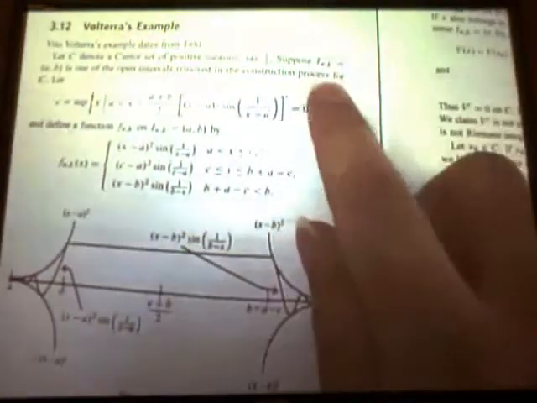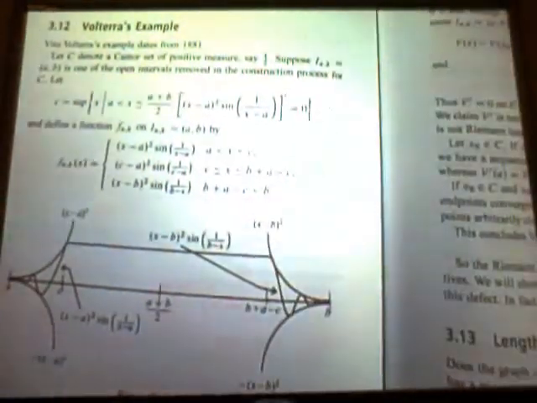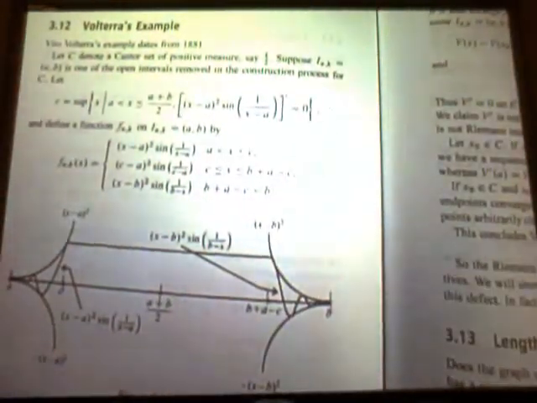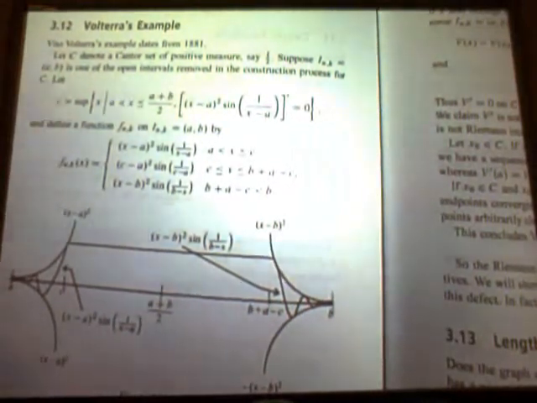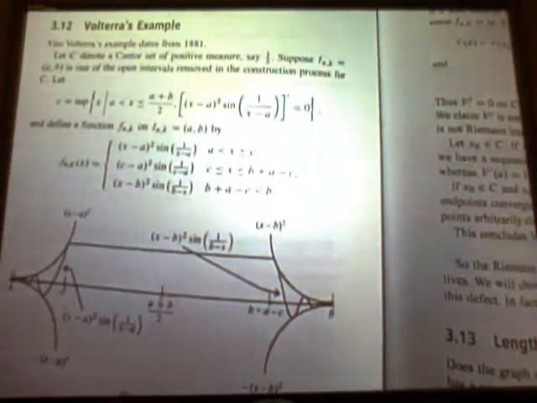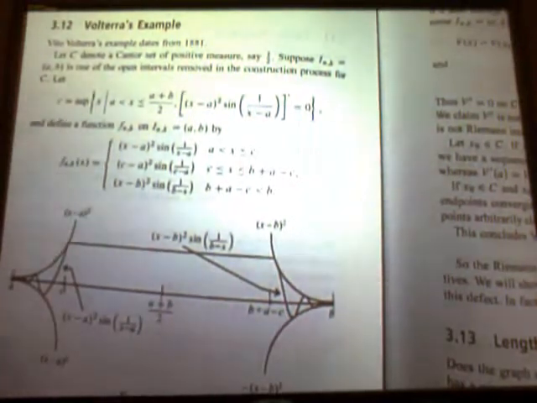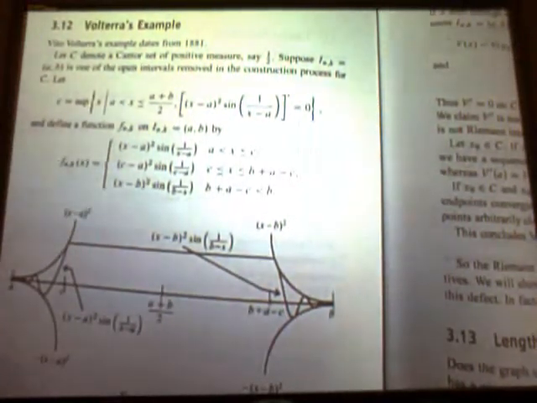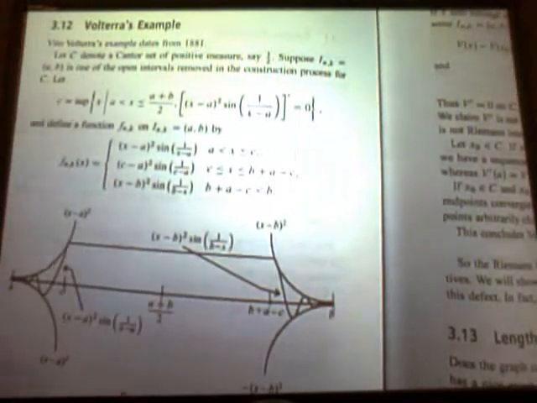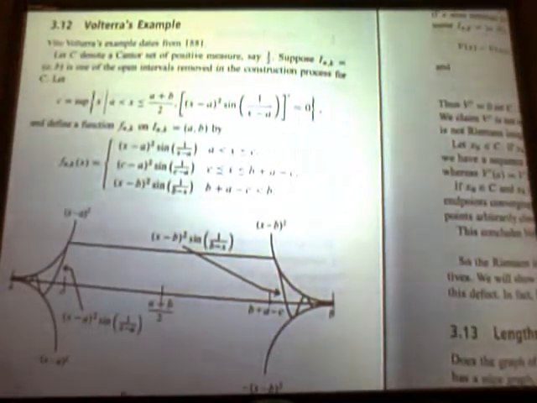And then I sub k is an open set, one of the removed intervals from the Cantor set. We talked about the Cantor set a couple of times already. This isn't the middle third set, though. This is the middle half set, or middle quarter set, isn't it? You can't take out the middle third because then you don't have any measure left. So this is one of those.